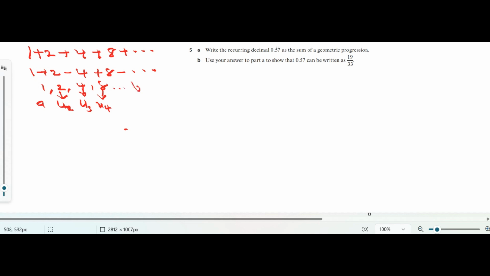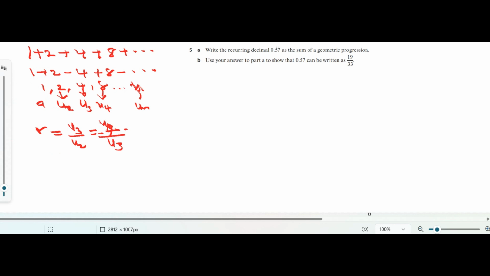The last one here, your n here, will be the nth term. And if you want to calculate your common ratio R, it will be the ratio of your third term to second term, or your fourth term to your third term. Am I communicating?